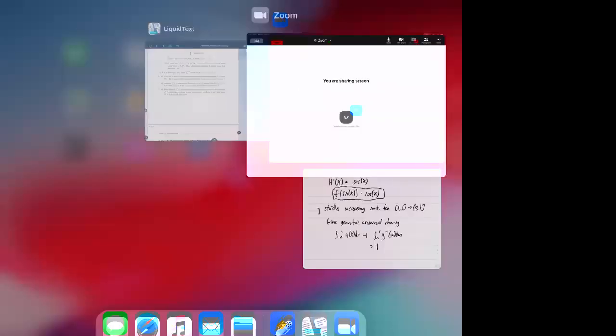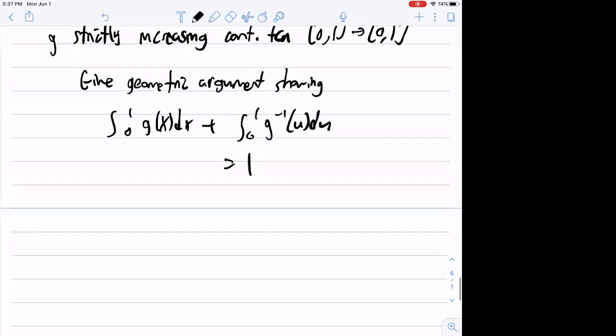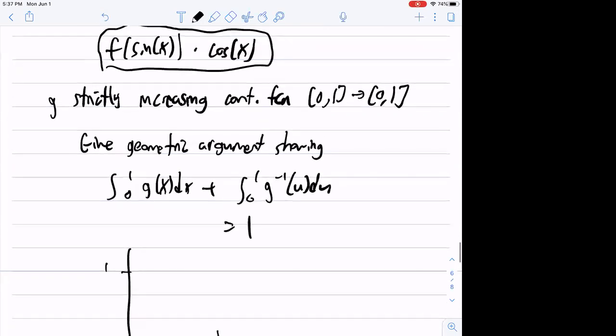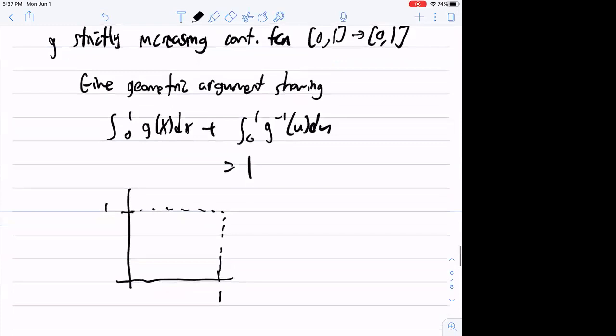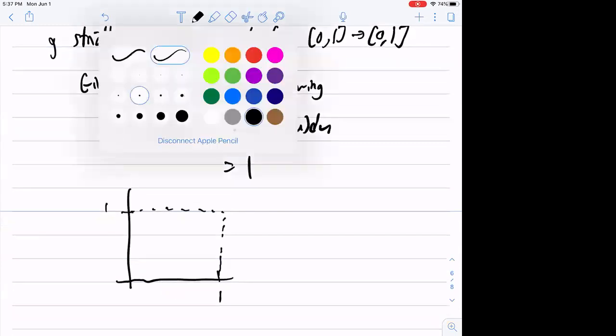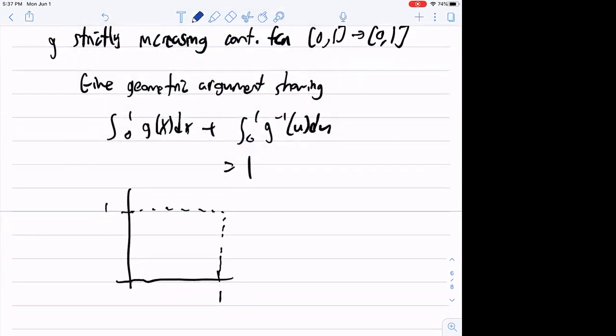Okay, let me just draw g. g is strictly increasing. So here's 0, here's 1, and here's 1. I'm mapping the square, 0, 1 to 0, 1. So I'm in this square, 0, 1 cross 0, 1, and g is strictly increasing. Let's say, voila. Okay, what's the integral of g?